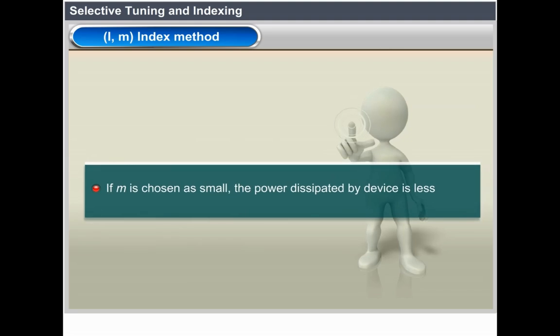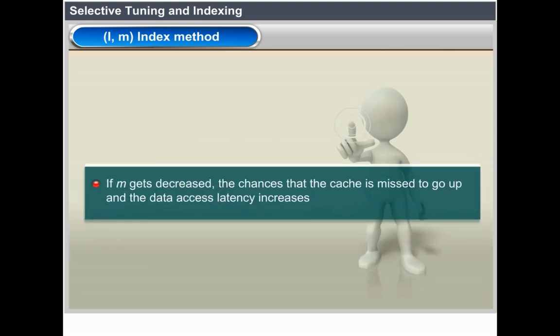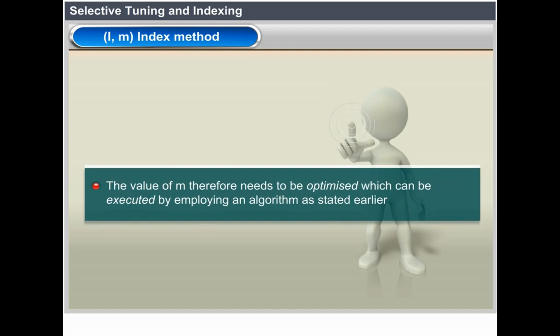If m is chosen small, then the power dissipated by the device is less. If m decreases, the chances that the cache is missed go up and the data access latency increases. The value of m therefore needs to be optimized, which can be done by employing an algorithm as stated earlier.